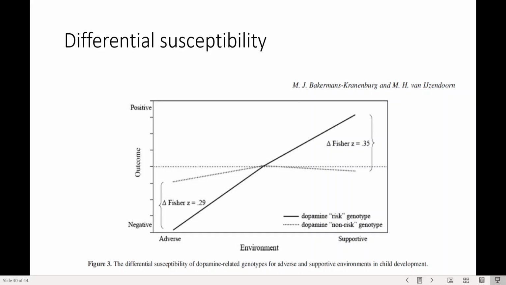What research by Bakermans-Kranenburg, van IJzendoorn, and others has shown for a number of conditions, though, is that, for example, if we look at something like dopamine risk genotype, as we know, dopamine is really important in our brain for calibrating decision making, reward sensitivity, and other important mechanisms related to the exploration of the environment.